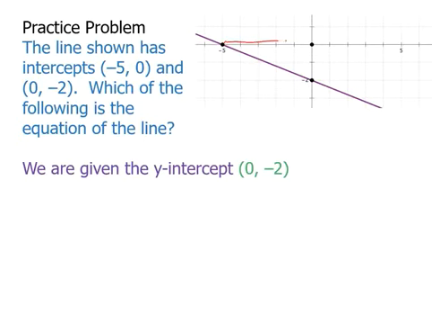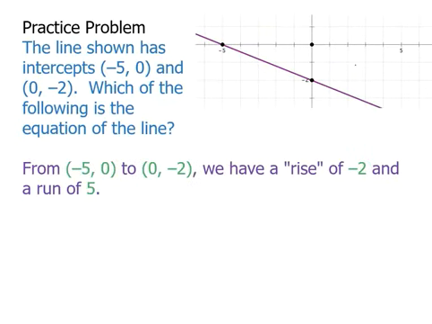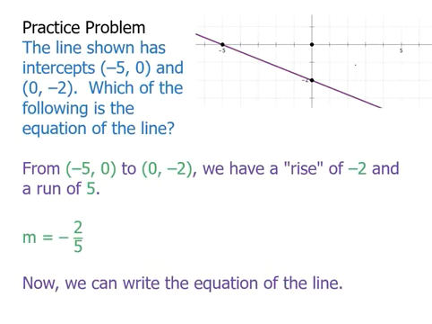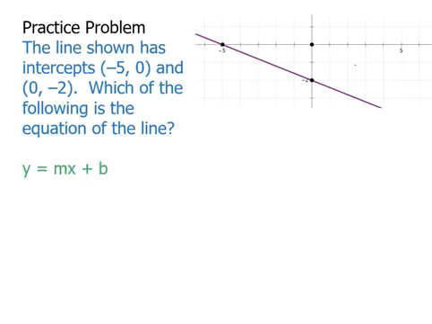It's formed by the axes right here. And we have a run of 5 and a rise of -2. And so we have b equals -2, a rise of -2, a run of 5, and we get a slope of -2/5. So now we can write the equation of the line, y equals mx plus b, y equals -2/5 x minus 2.